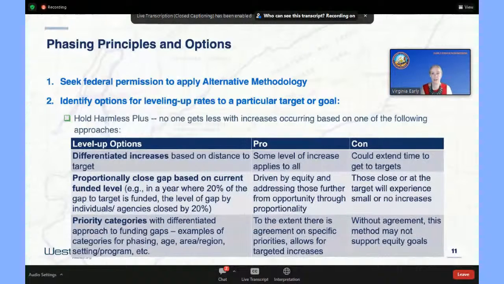I'm wondering if there's work we can do to make sure that the pros and cons here are fully laid out so that, if we were to give these as decision points to the legislature, for example, there would be field perspective outlining, okay, here are the benefits of this one, here are the downsides of this one, here are the benefits of this one, here are the downsides of this one.